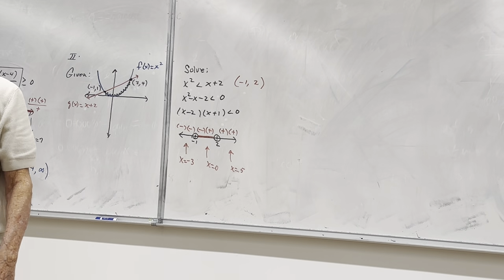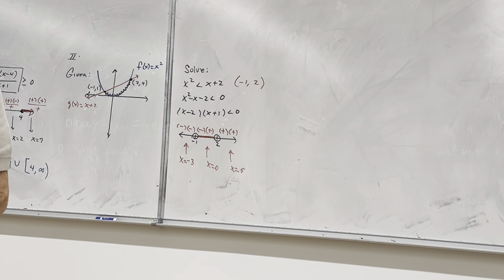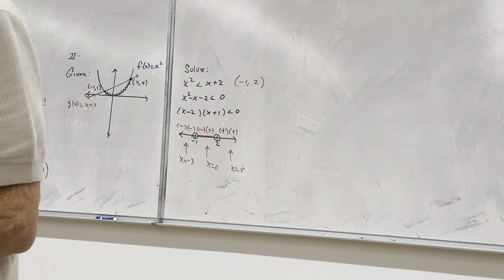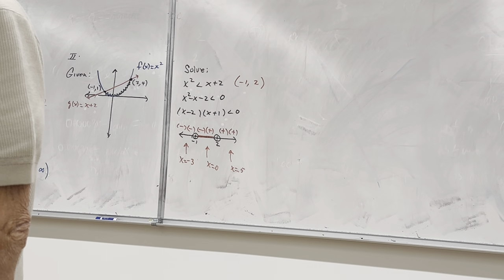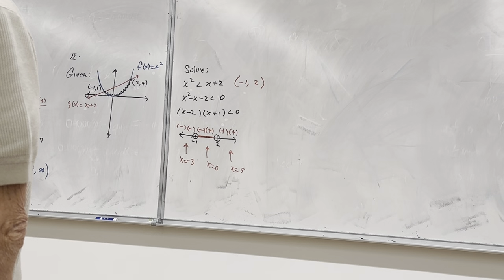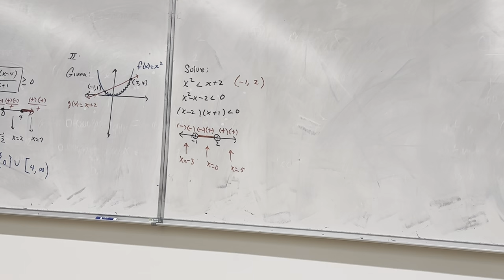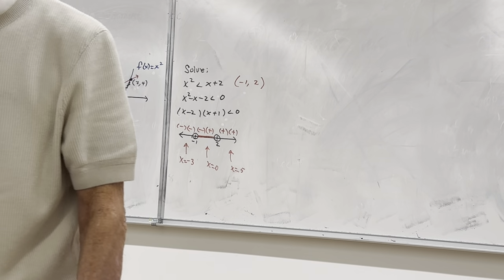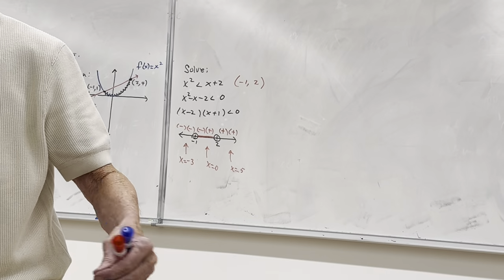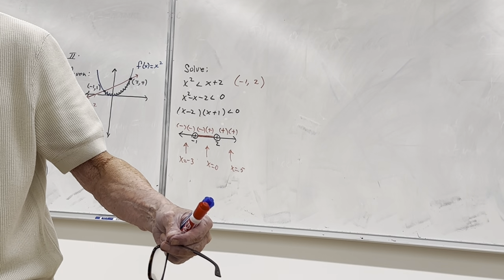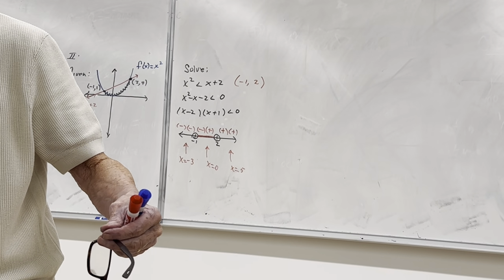Same answer. I see some looks on faces like, are you kidding? Professor, please graph these for us. When you ask us to do one of these, professors, please supply the graph. And I can just look at the graph and see where it's below or above. And we're finished. Isn't that cute? That's why I was doing it.